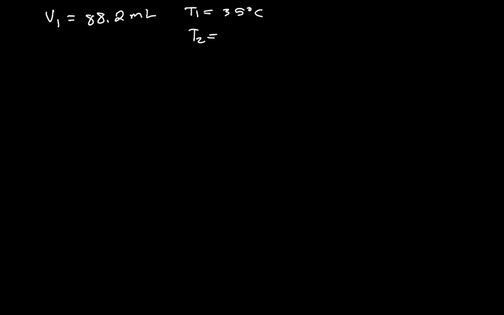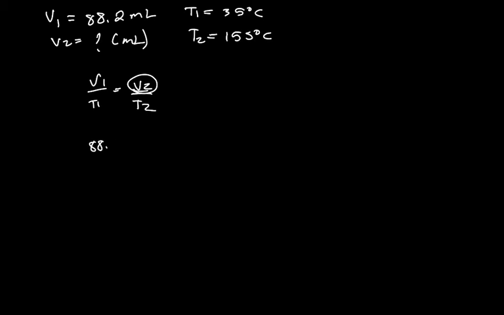So because it says from, that's T1, 35 degrees Celsius to 155 degrees Celsius. What is the final volume of the gas in milliliters? Okay, so remember our law is V1 over T1 is equal to V2 over T2.